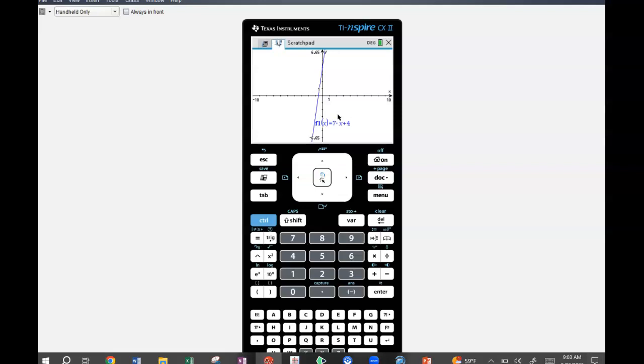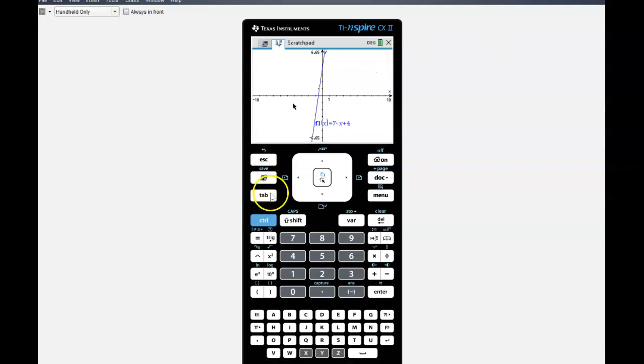Now, press tab, everybody. Press tab and press the up button. We're going to delete this. Press Control, the blue button. Delete. Okay? Now there is no function.